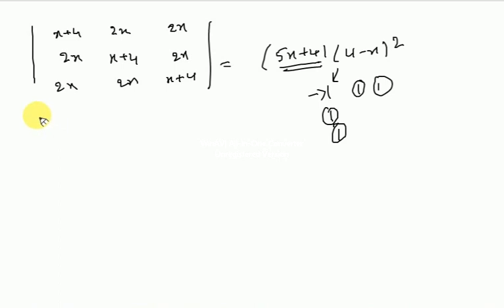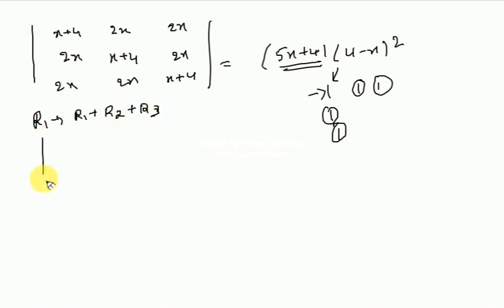So here, if you apply R1 changes to R1 plus R2 plus R3, then you will have x plus 2x plus 2x, which means 5x plus 4. Every element in the first row will be 5x plus 4 and the remaining rows stay as they are, so that you can take 5x plus 4 outside.